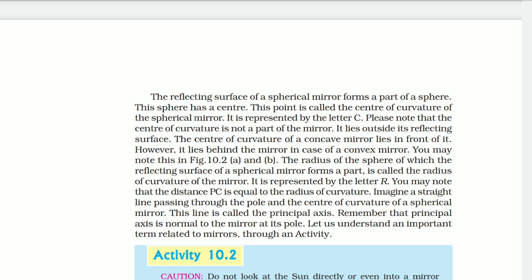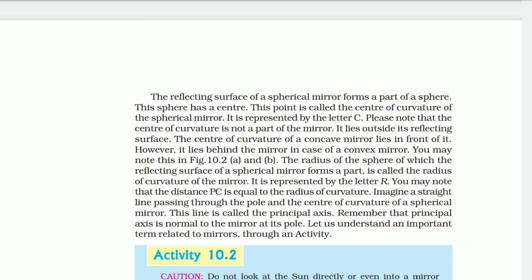It is represented by the letter C. Please note that the center of curvature is not a part of the mirror. It lies outside its reflecting surface. The center of curvature of a concave mirror lies in front of it. However, it lies behind the mirror in case of a convex mirror.